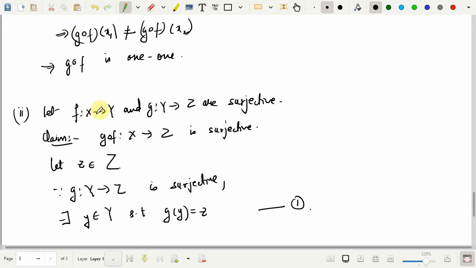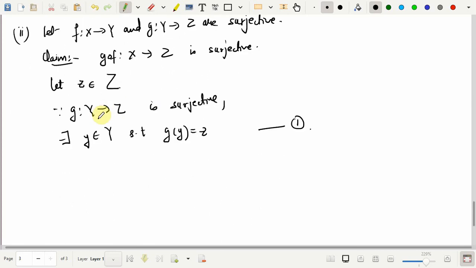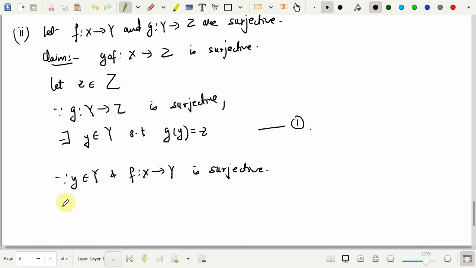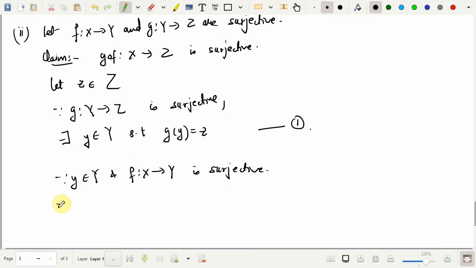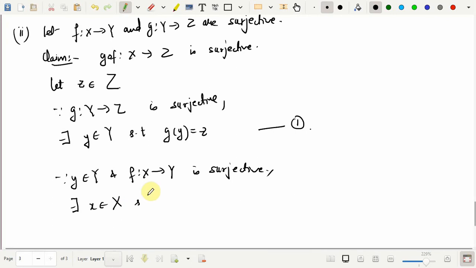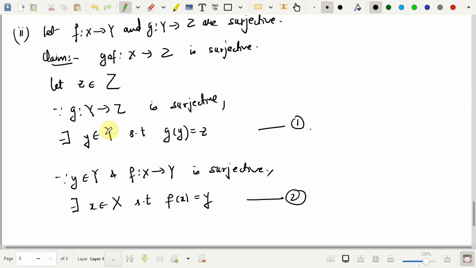So since y belongs to Y and f from X to Y is surjective, this implies that there exists x in X such that f of x is equal to y. So for this y in Y, f assures that we can find a point in X such that its image through f is equal to y. Let me call this 2.